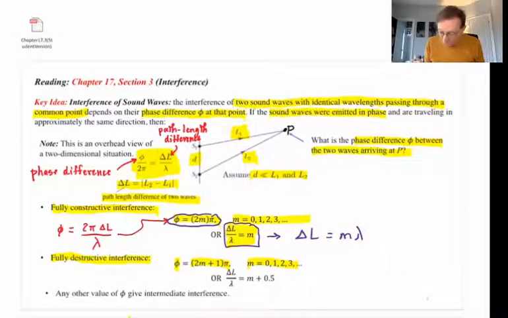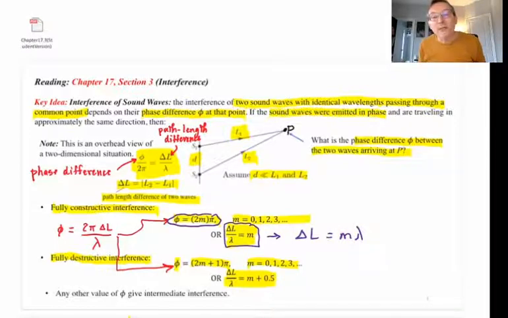Again, do that substitution for phi, 2 pi times delta L over lambda, and divide out the pi's, and divide both sides by 2, and you will get this expression right here.